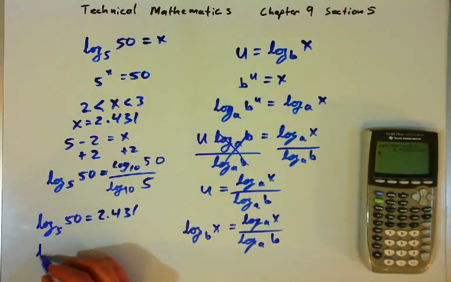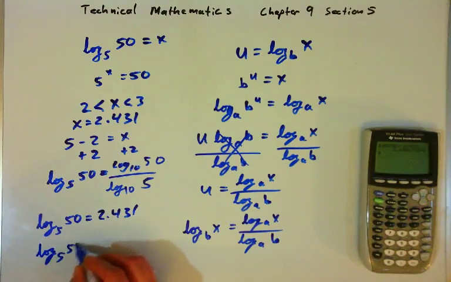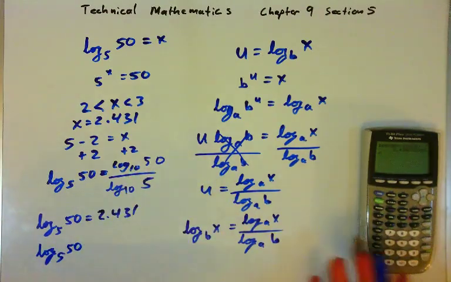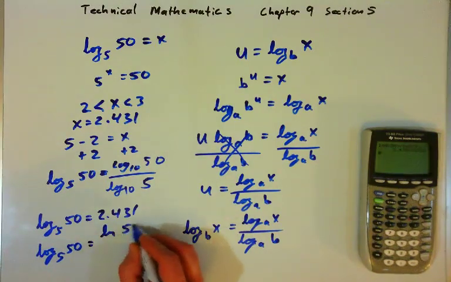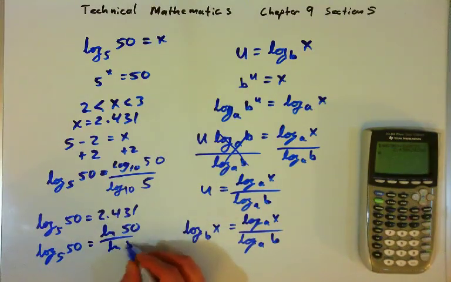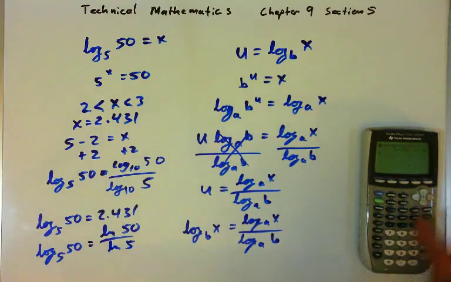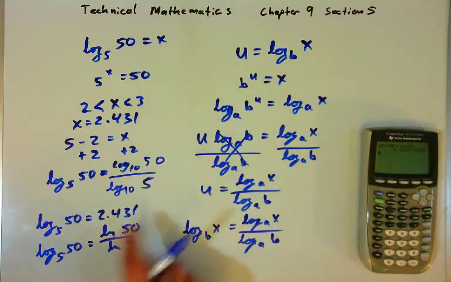Now, it didn't matter if I used log base 10 or the natural logarithm, it's going to work out the same way. So let's try the natural log of 50 divided by the natural log of 5. I'll take the natural log of 50, close parentheses, divided by the natural log of 5, close parentheses, equals, and I still get 2.431. Same answer that we got before.